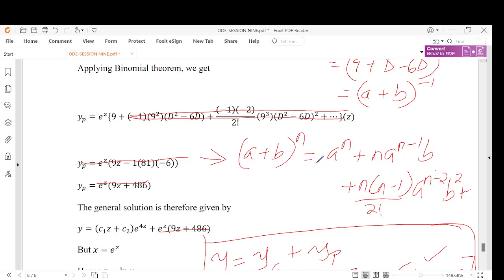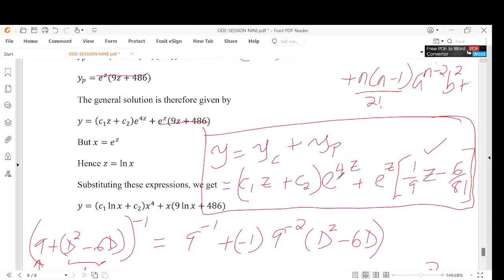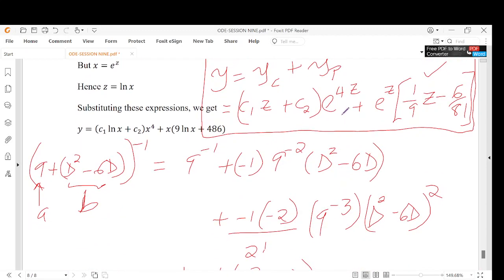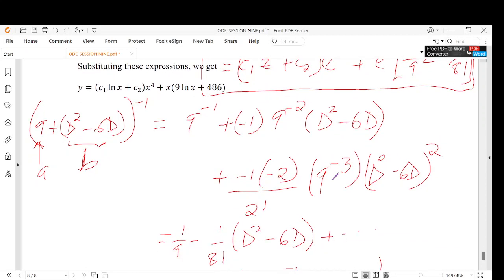So that becomes 9 raised to the power minus 1, which is 1 over 9, and 9 raised to the power minus 2, which is 1 over 81. So that correction should be made here as we have done here. So basically that's the process of solving the second order equidimensional equation.